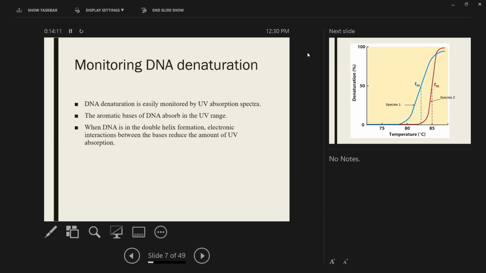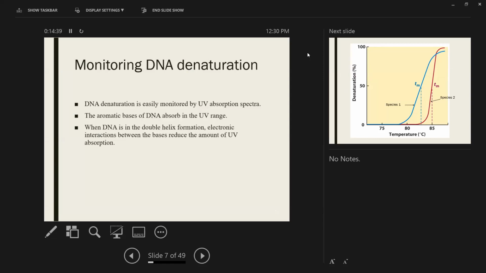There's a much easier way to do it. So when did the easier way come along? When people discovered the hyperchromicity, which I'm about to tell you. The bases of DNA do most of the absorption in the UV range. When those bases are in a single strand of DNA, they absorb in the UV range very robustly.